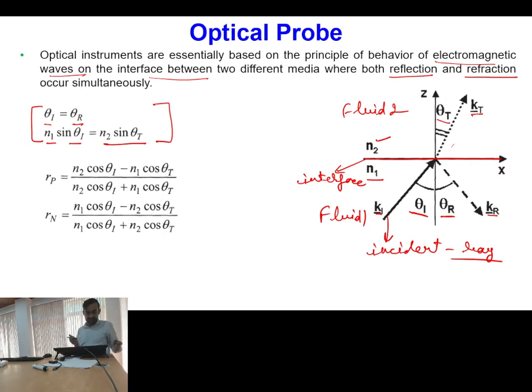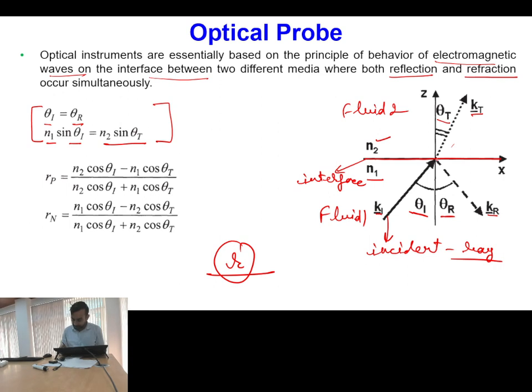So say the change in its intensity is denoted by R. So R is nothing but intensity of the reflected divided by intensity of the incident wave. Now this R can be divided into two components.